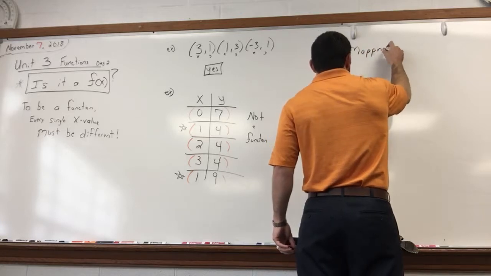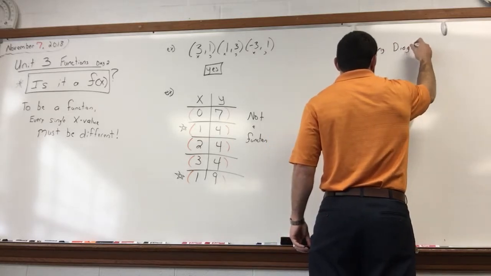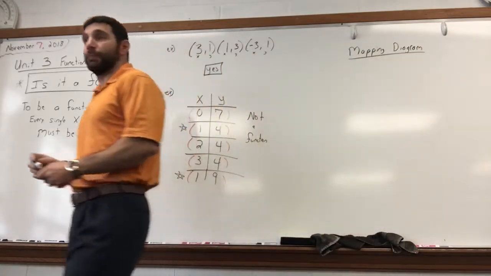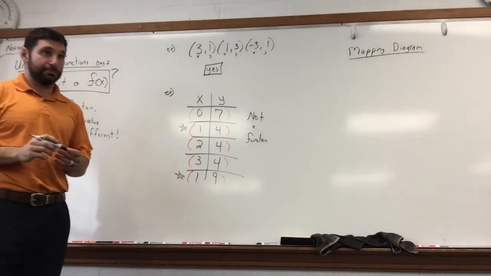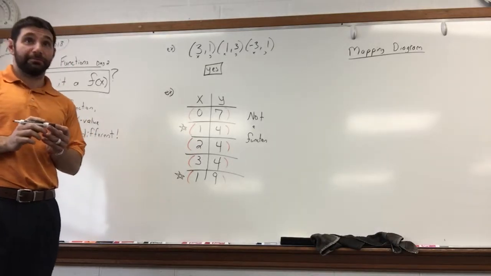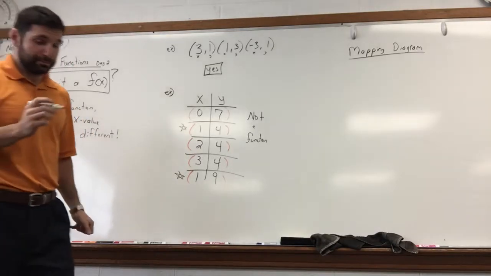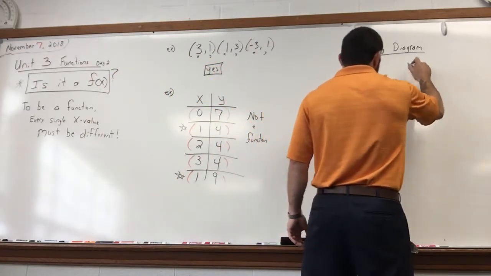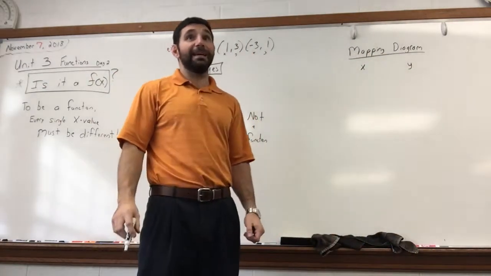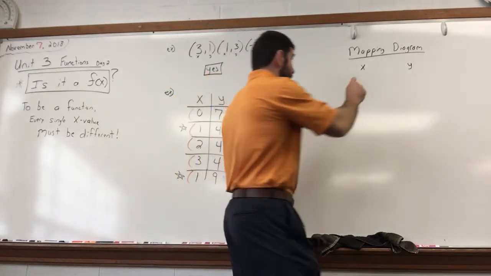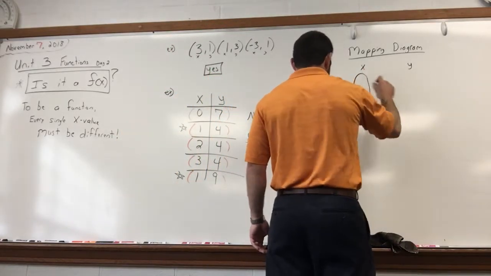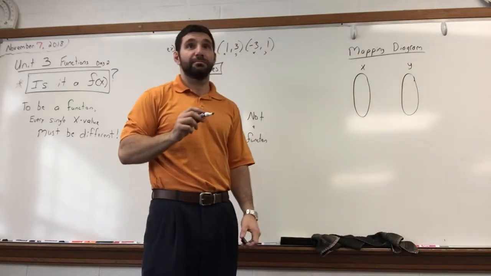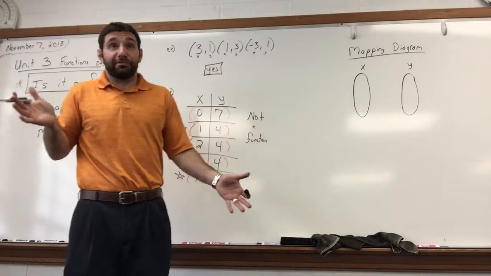This, I feel like, is the toughest: a mapping diagram. It will still always go x, y. This is like a t-chart, but instead of having a chart, we've got bubbles.